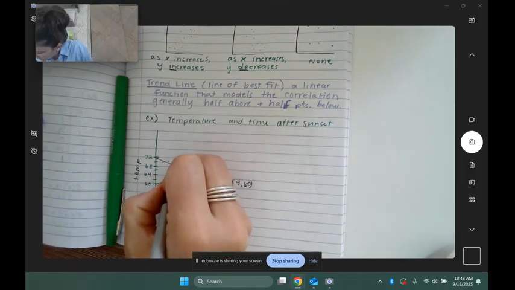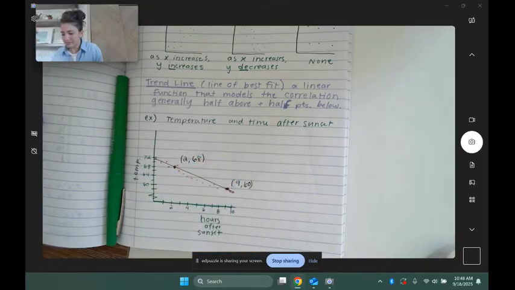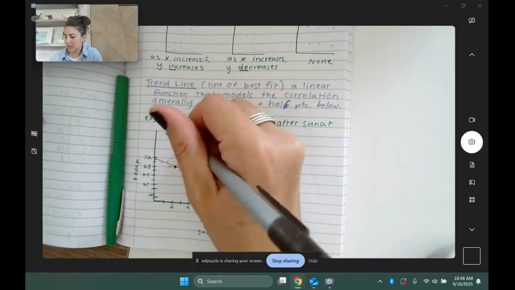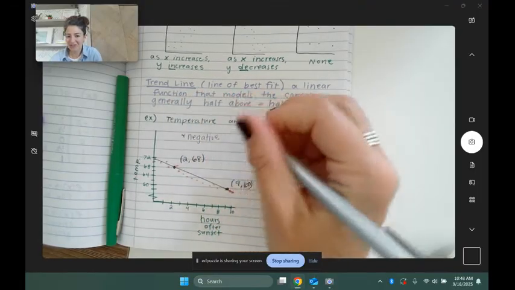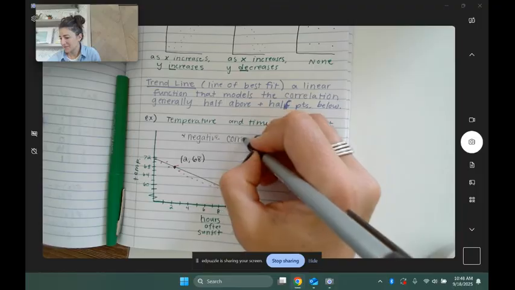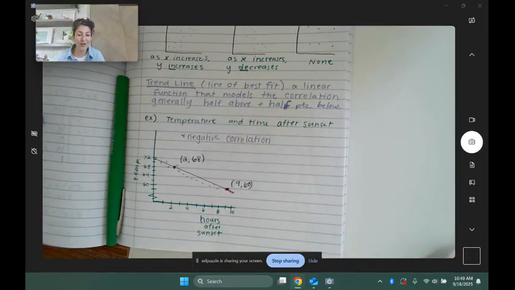So this is the point 2, 68. If we had graph paper, it would be easier and clearer to see. This is also a negative correlation. They are correlated. They are trending down.